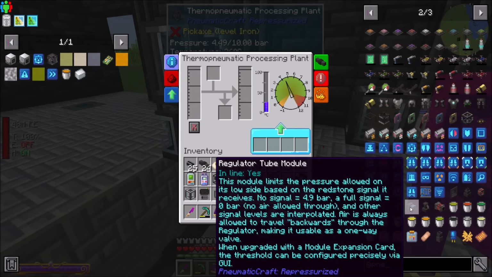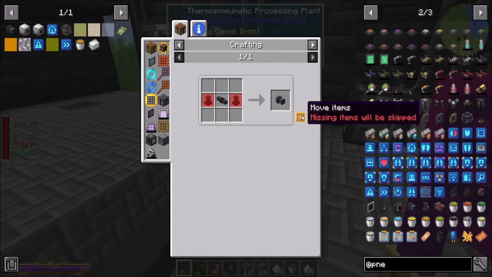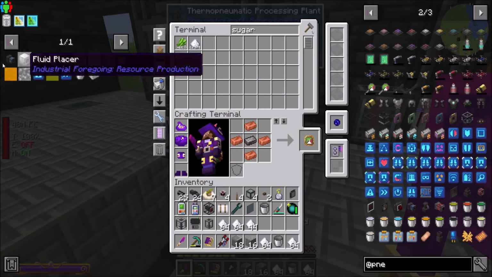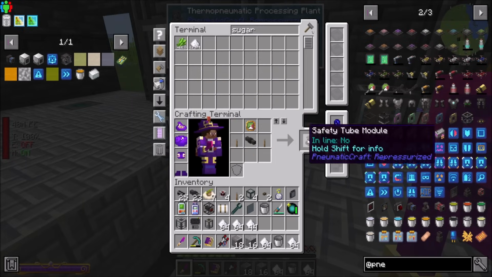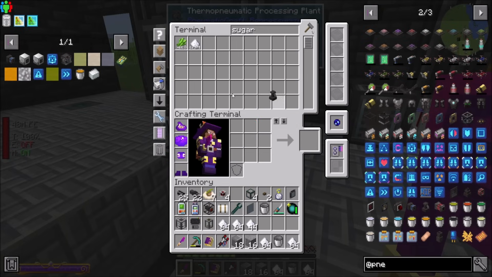Regulator tube limits the pressure allowed on its low side based on the redstone signal it receives. Let's try that. That might be the way to go, because if I can find a signal strength, that might be the way to go.